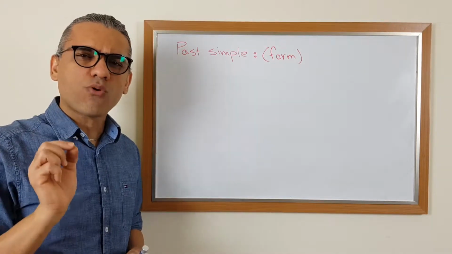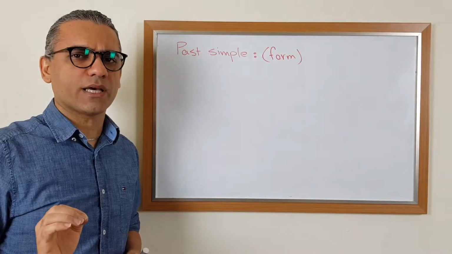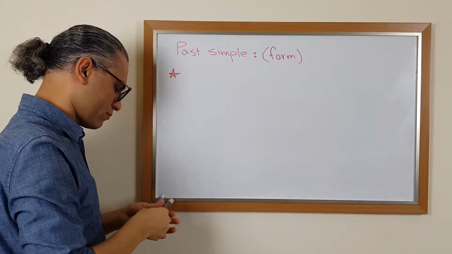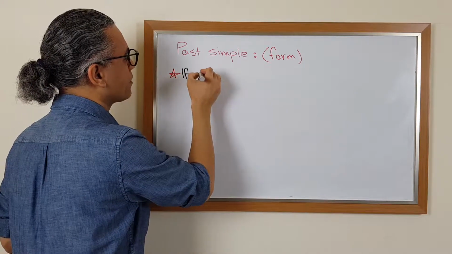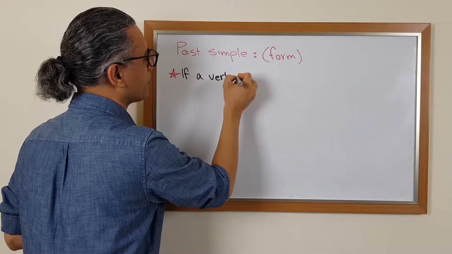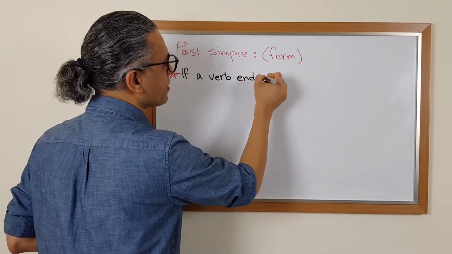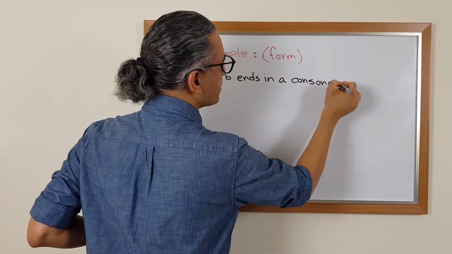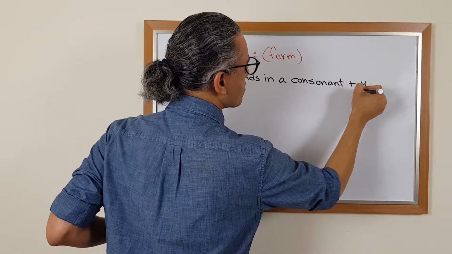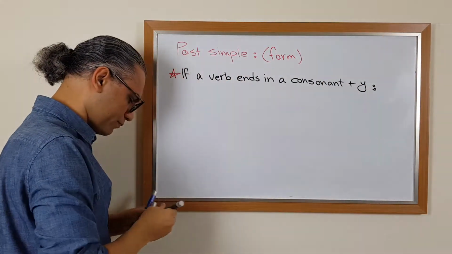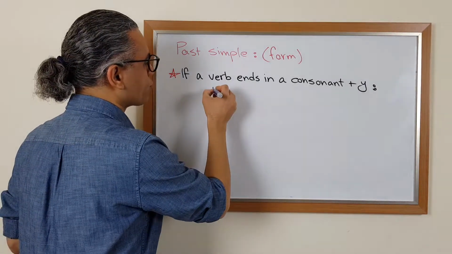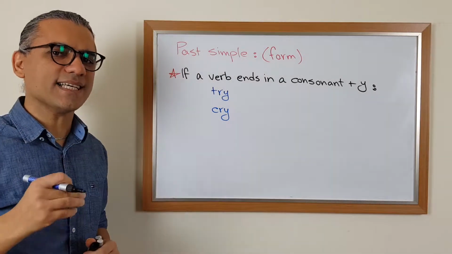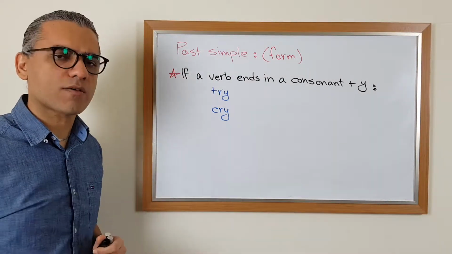Now, a few points about the form again, about regular verbs. If a verb ends in a consonant plus y, for example, try or cry, we want to add ed to them and turn them into past form.